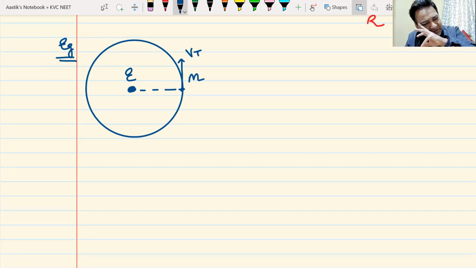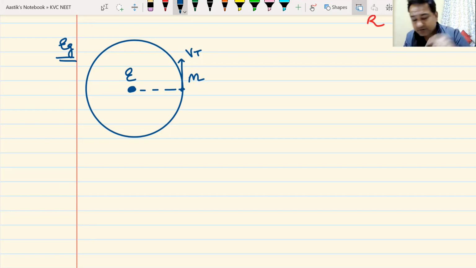It is almost a perfect circular path, and this is probably the only system in the universe where a satellite is moving around a planet and the path is actually completely circular. In all the other cases, wherever a planet is moving around a sun, or satellites are moving around planets, the motion is elliptical.